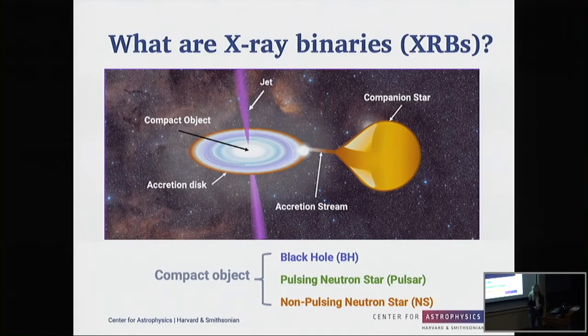And so X-ray binaries are some of the brightest sources that we can see in the X-ray sky, and that's because they manifest themselves through an accretion process where you have accretion onto the compact object from the companion star. And so this accretion process releases energy over nearly the entire electromagnetic spectrum, but it peaks in the X-ray. And this can give us time-variant information that allows us to constrain what kind of system we might be looking at.